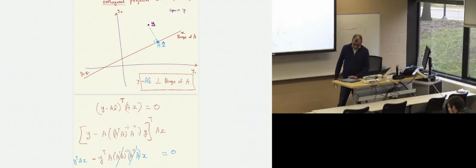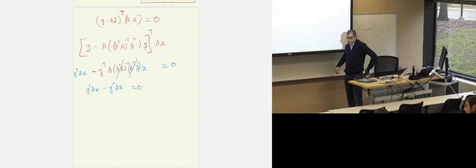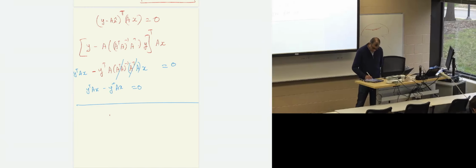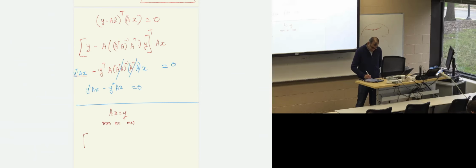Okay. All right. So now let's do the other problem. So now we have A x equal to y, m by n, n by 1, m by 1, except in this case you have more parameters than observations.